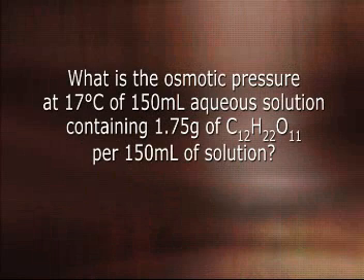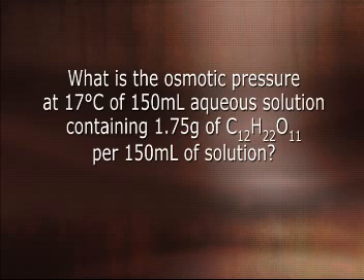Let us work through an exercise together. We will determine the osmotic pressure at 17 degrees Celsius of a 150 milliliter aqueous solution containing 1.75 grams of sucrose per 150 milliliters of solution.